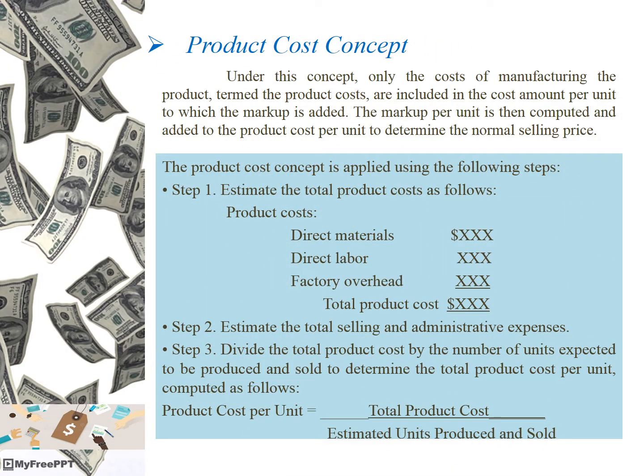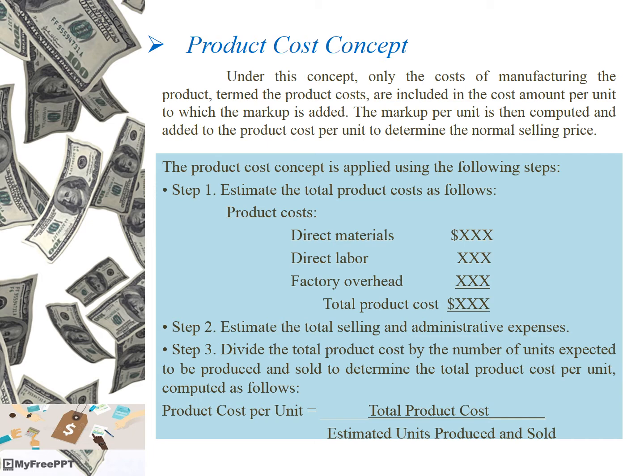Cost-plus methods determine the normal selling price by estimating a cost amount per unit and adding a markup. Management determines the markup based on the desired profit for the product.